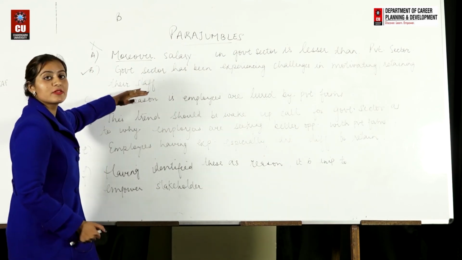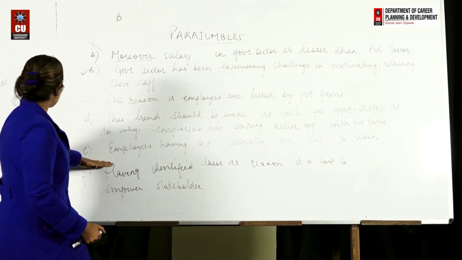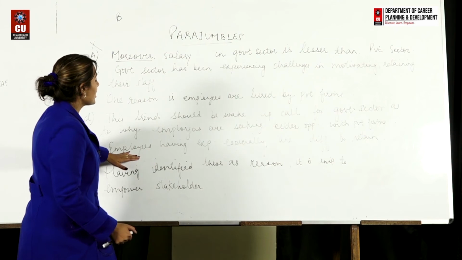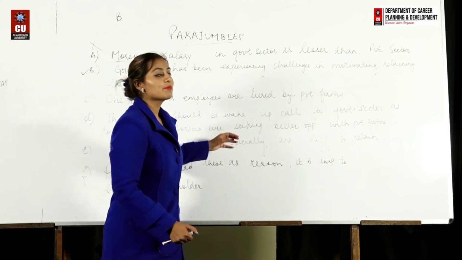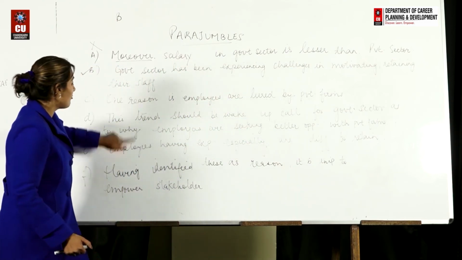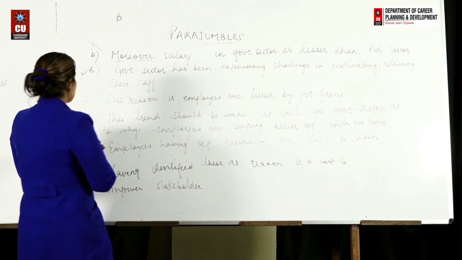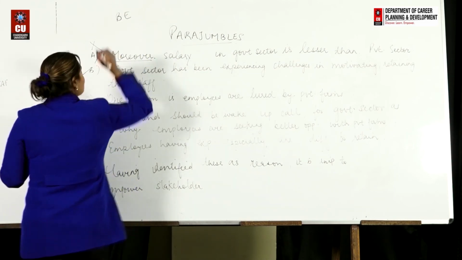We are talking about staff. We are talking about employees. So further on, if we look at E, it is saying that employees who have experience are especially difficult to retain, staff and employees. So therefore, we look at E.